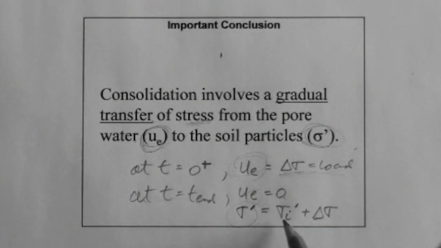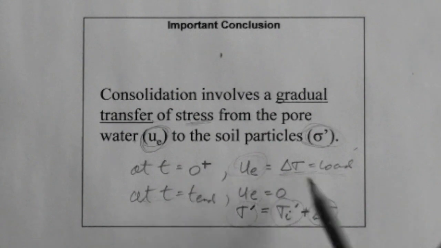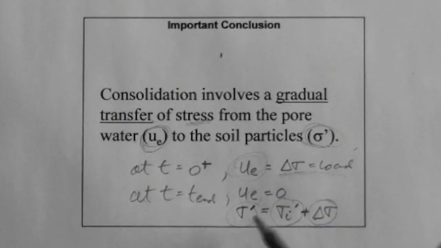So the particles now feel what they were feeling before, the initial effective stress before construction, plus the load that was imposed, that was initially carried by the water, and now it's carried by the particles. Okay, that is very important.